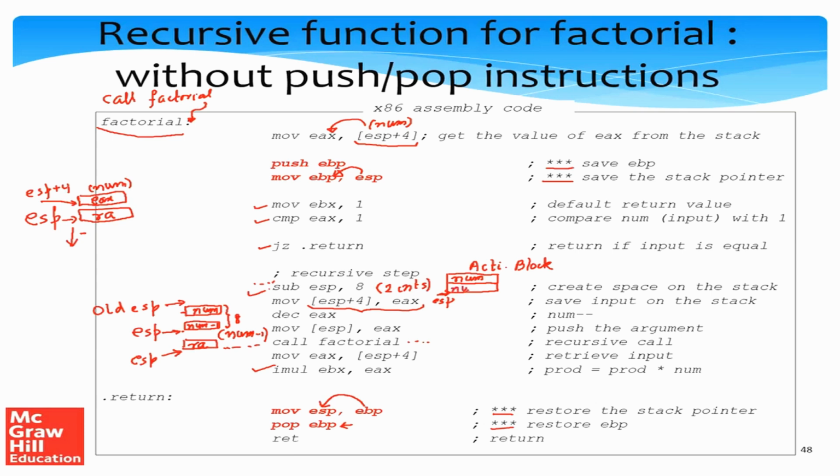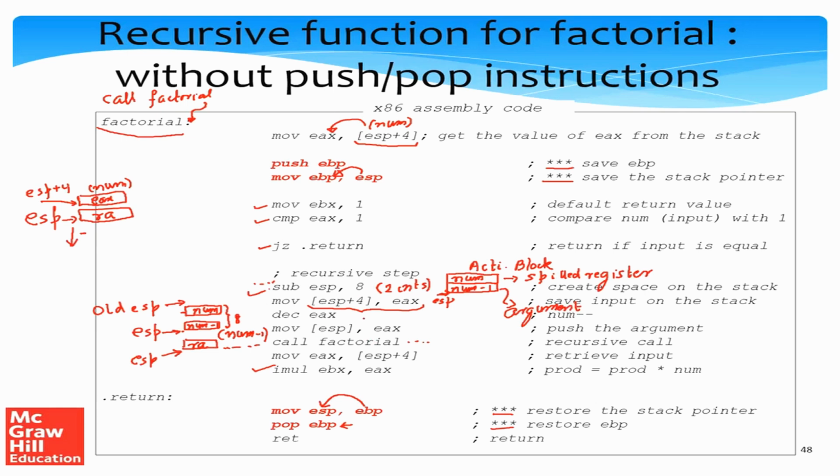So this has num minus 1, right? Only two things in the activation block: this is a spilled register, and this is an argument for the next function that we are calling.